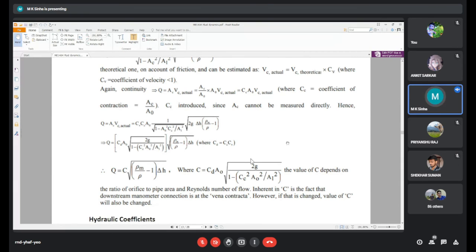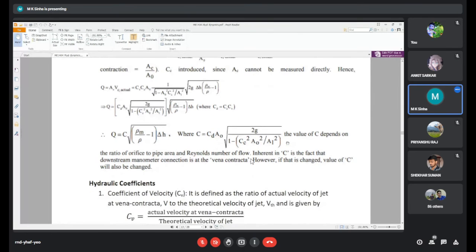So if CD is constant, Q becomes dependent on the ratio of the orifice to pipe area and the Reynolds number of flow.